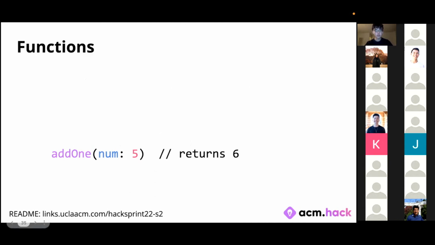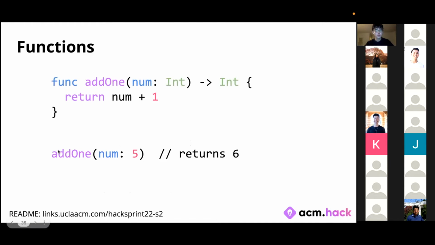And when you call the function, all you do is specify the function name, which is why the function name is important, because you'll be using it to call it, and then parentheses, and you pass in the arguments that you want.